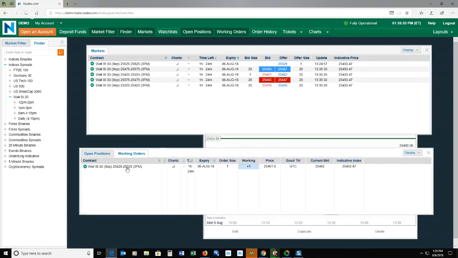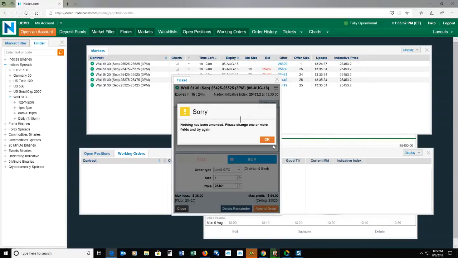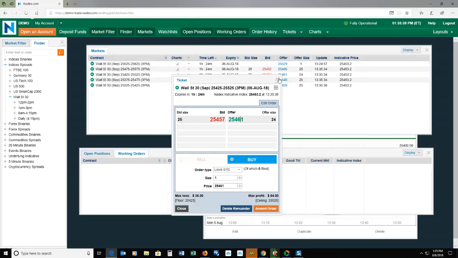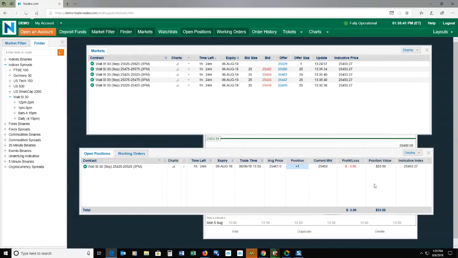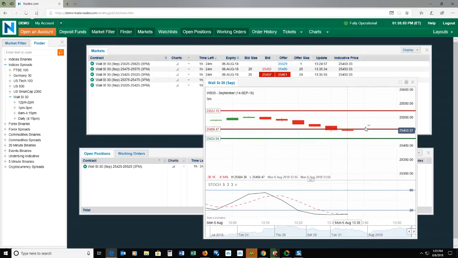And evidently I waited too long, so I'm going to have to go back in here. Okay. So now I'm in it. You can see here the average price is $4.61. So what I'm going to do now is put another horizontal line that's actually going to represent where I entered.